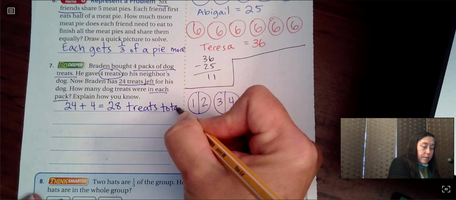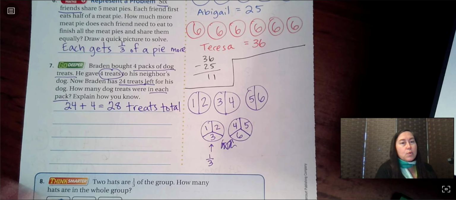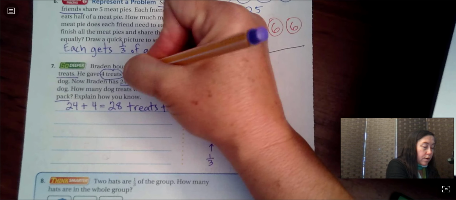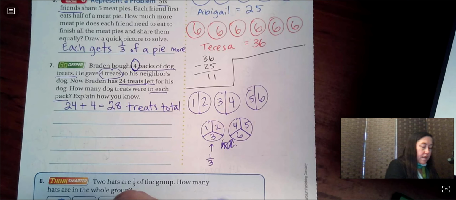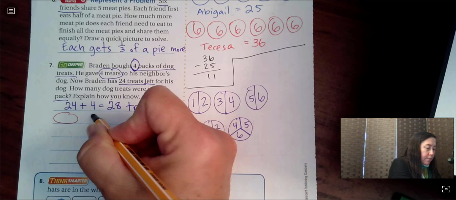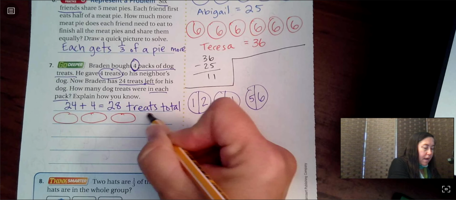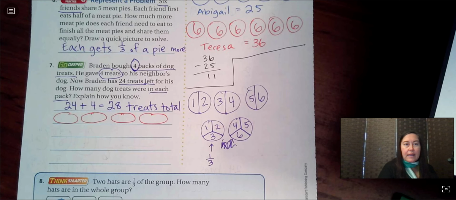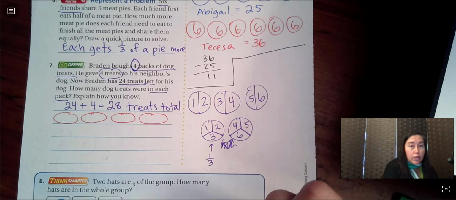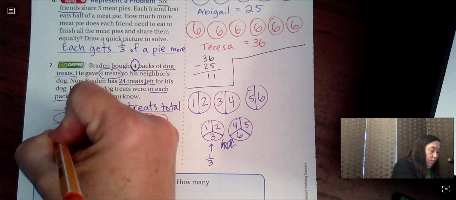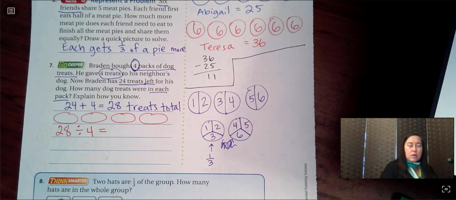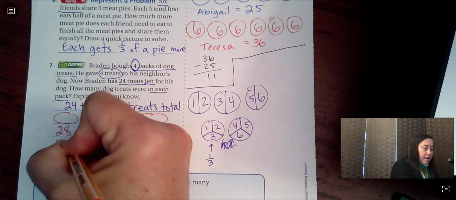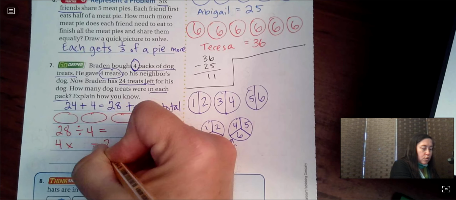total, right? So he has 28 treats, and they were broken into 4 packs. So I could, here, I'll draw them in a different color so they stand out a little. If he has 4 packs, 1 pack, 2 packs, 3 packs, 4 packs, and I know he's got 28 total, I'm thinking 28 divided by 4 equals, or I'm thinking 4 times something equals 28.